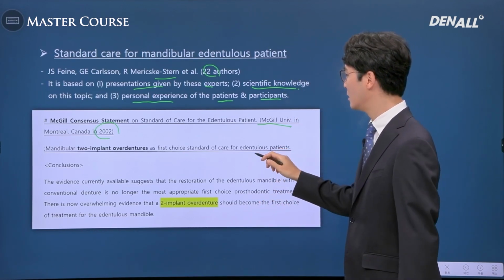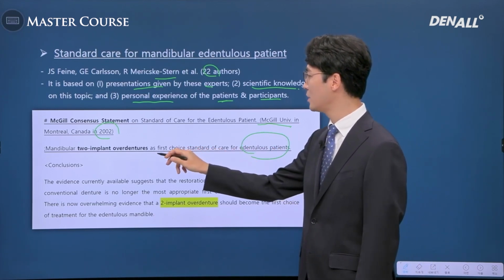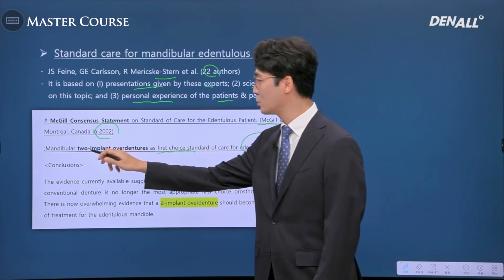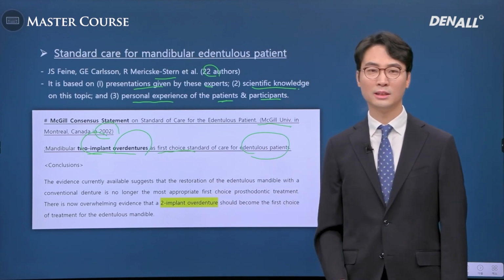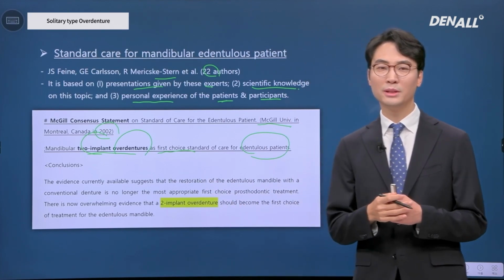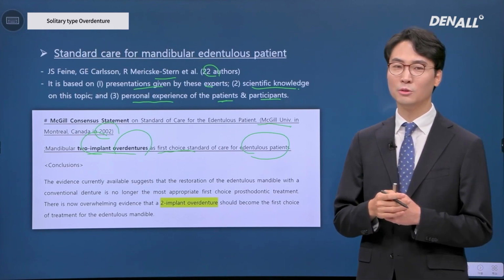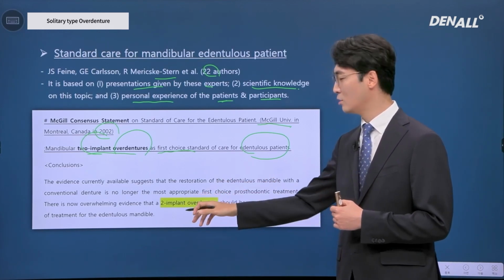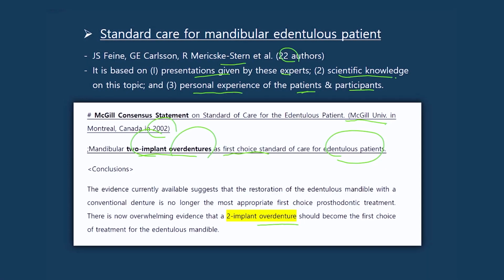The consensus report says that in the lower edentulous case, the first choice of treatment should be implant-supported overdenture using 2 implants. In other words, for a fully edentulous case in the lower, the first option that we should consider is implant-supported overdenture using 2 implants. This is very predictable and can provide great satisfaction to both the dentist and the patient.